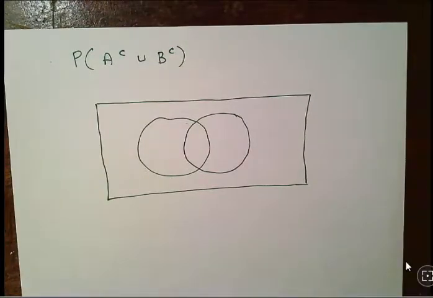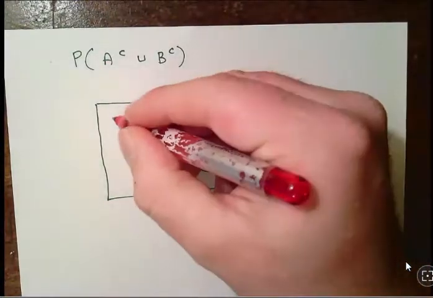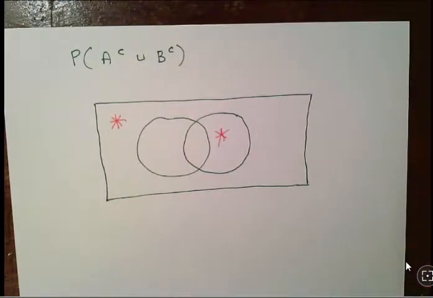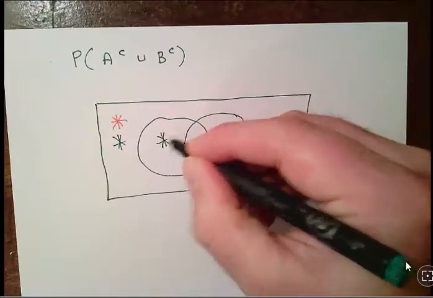The union of the complement of A and the complement of B. What I'm going to do is put a little red asterisk for the regions here that describe the complement of A. For example, this region here, that's both of them. Then an asterisk for the complement of B, and again it's this region here and this region here.